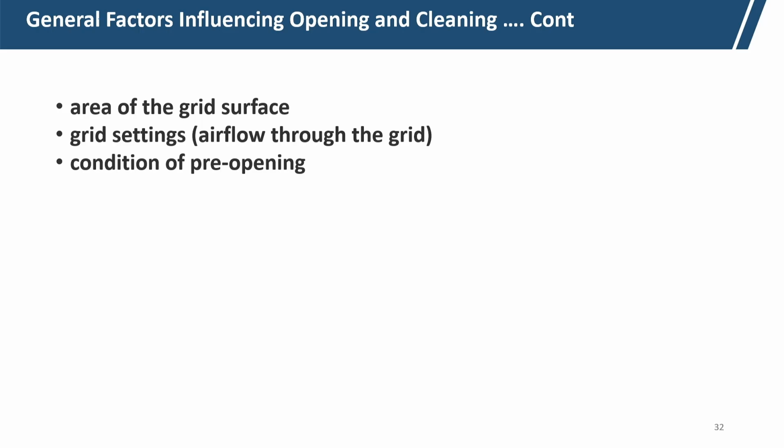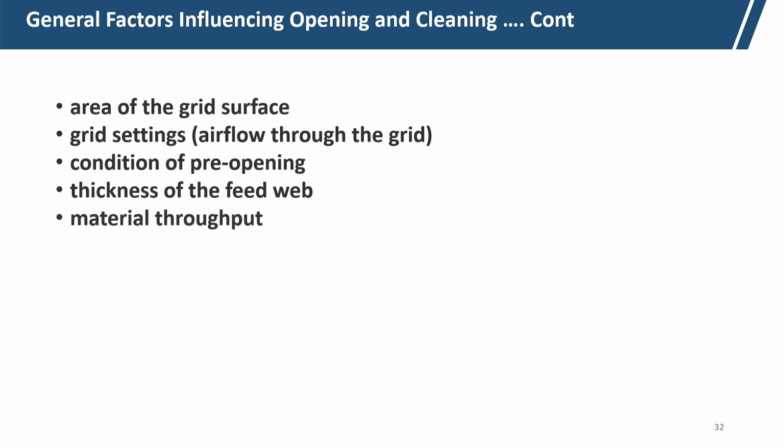Condition of pre-opening and thickness of the feed web: if the web feed thickness is very high, cleaning will be improper. Higher material throughput will affect the cleaning or opening effect.